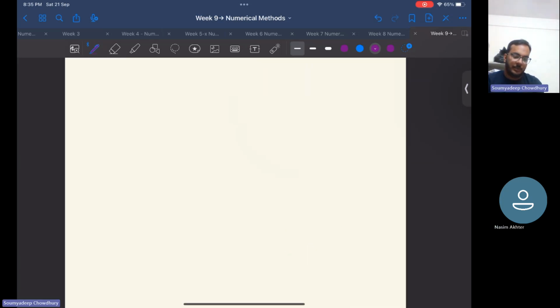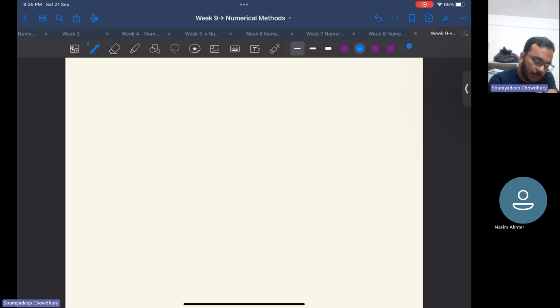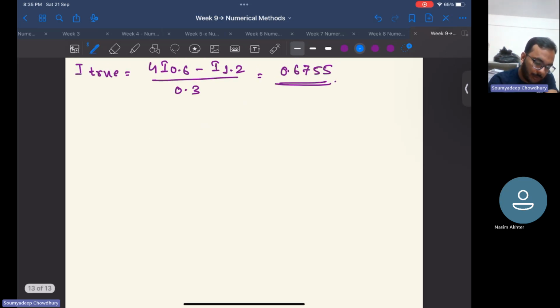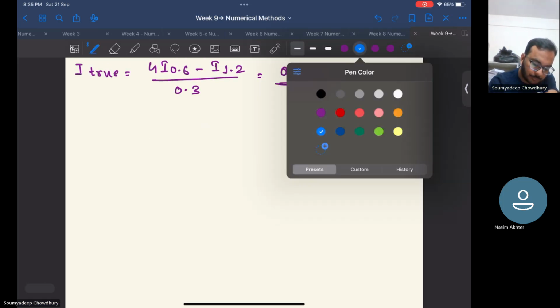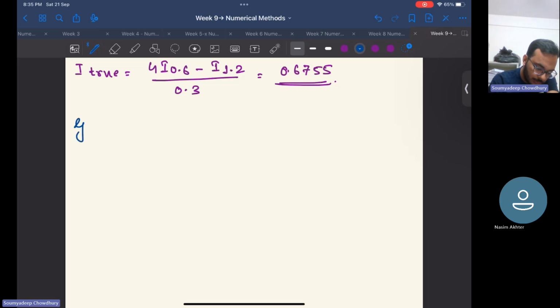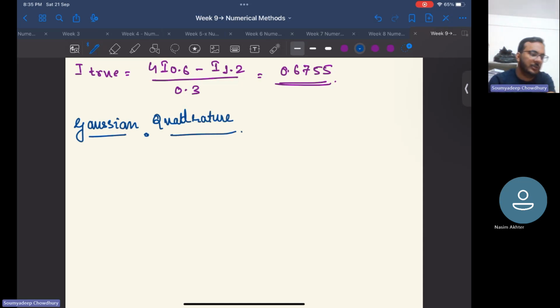So the last topic for today is another technique of numerical integration. It is known as Gaussian quadrature. So we'll try to understand what Gaussian quadrature is. We are just trying to represent the integral in a particular form.